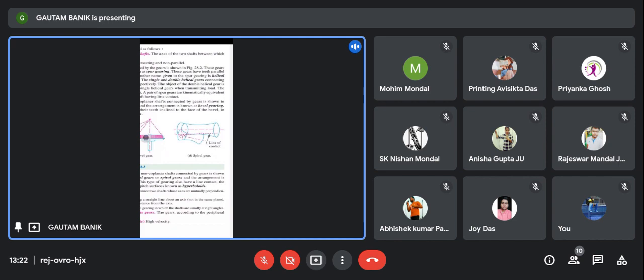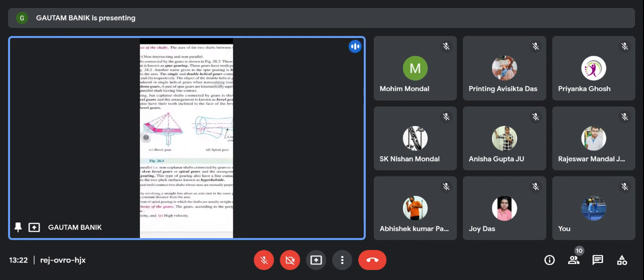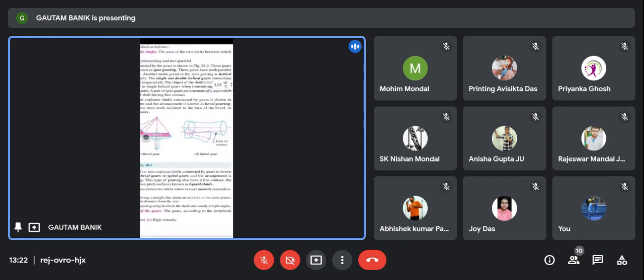Skew lines are three-dimensional figures. That is more complicated, and fitting is more complicated. This special type is required in special types of machinery.